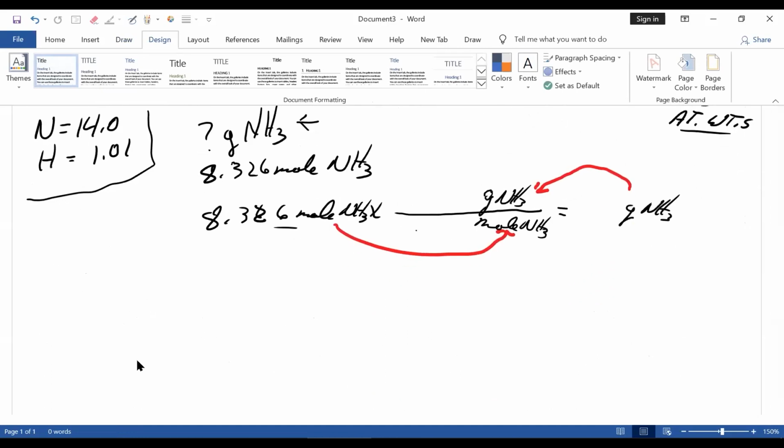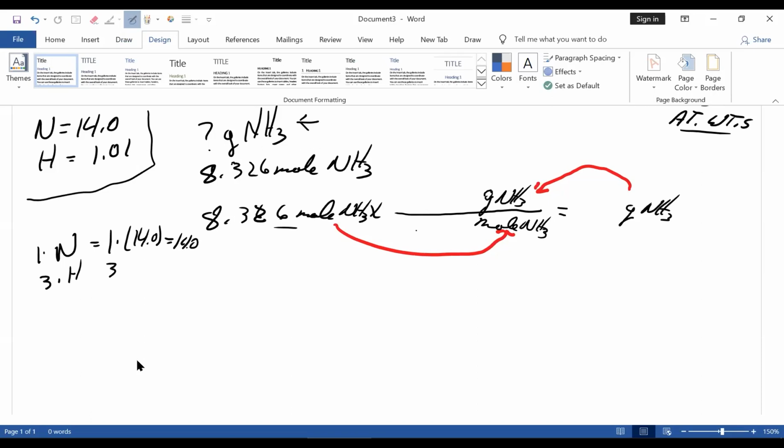And if I come over here, NH3 has 1 nitrogen and 3 hydrogen. Each nitrogen is 14.0.